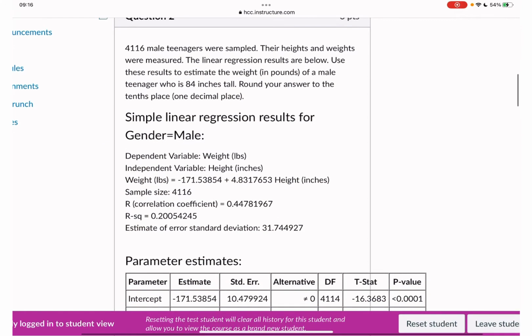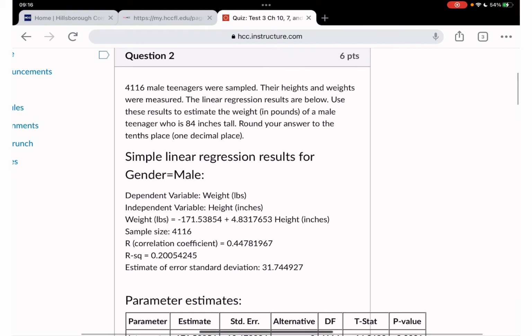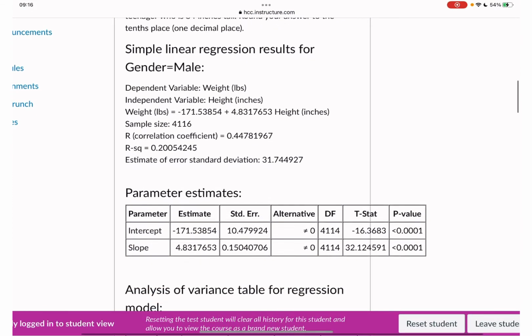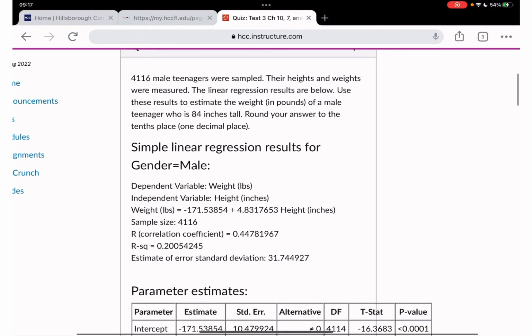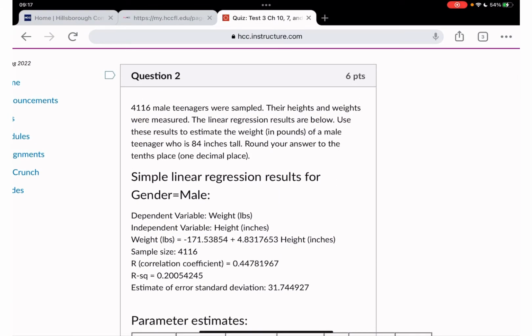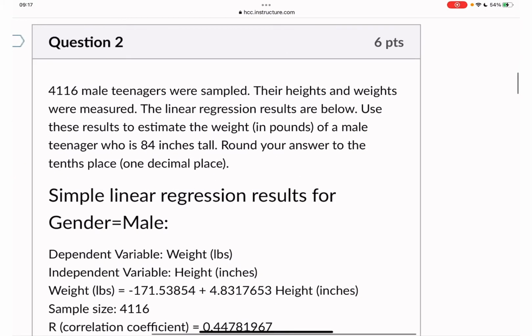Okay, question number 2. Here we have, I'm not going to even read the problem. What we have here is the table and all the information. But our question is, use these results to estimate the weight in pounds of a male teenager who is 84 inches tall.